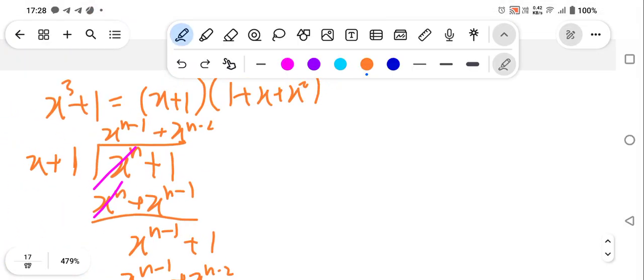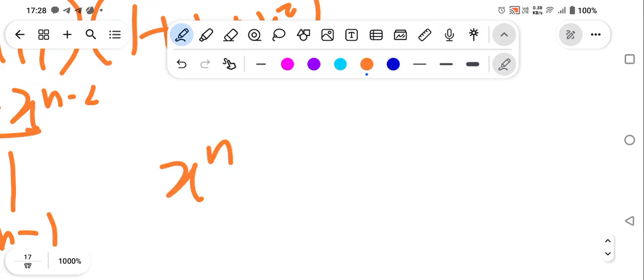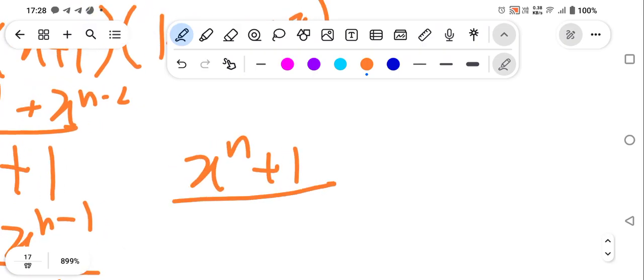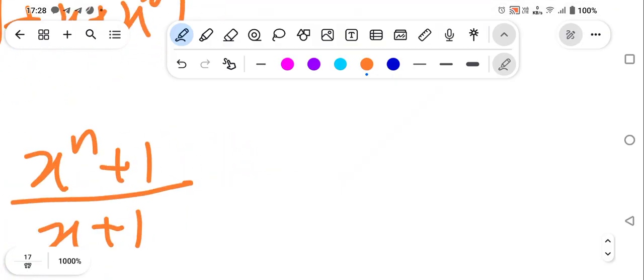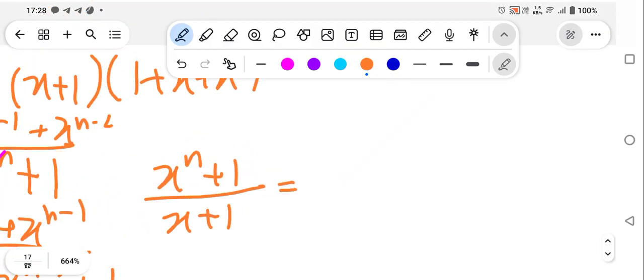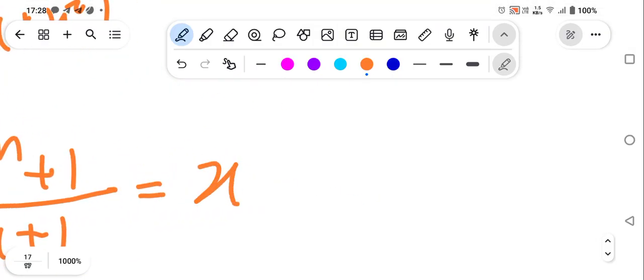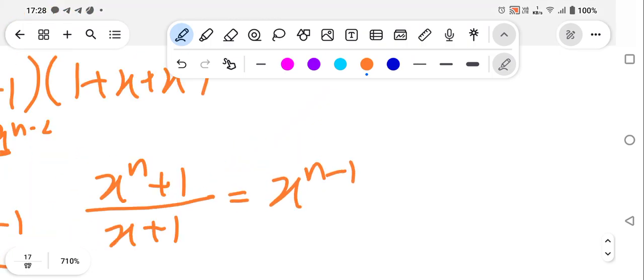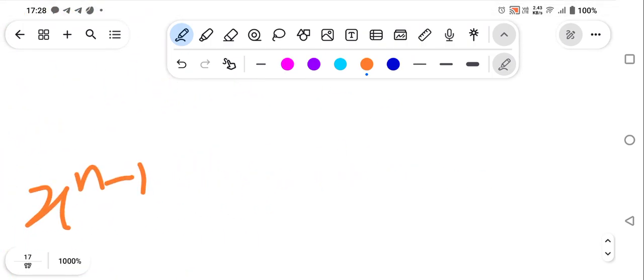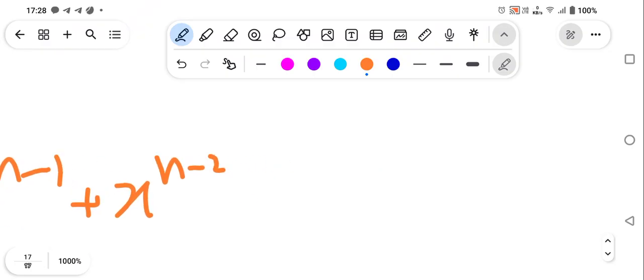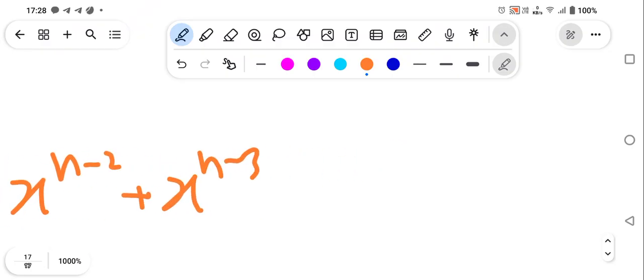But now what we know is, if we divide x power n plus 1 over x plus 1, we will get an infinite sum of x power n minus 1 plus x power n minus 2 plus x power n minus 3 plus dot dot dot.